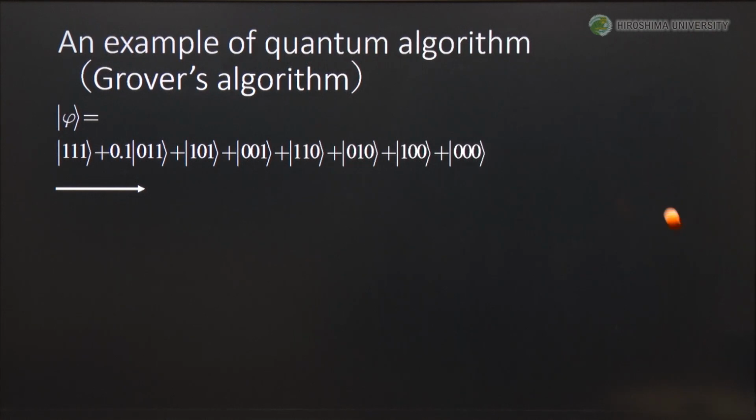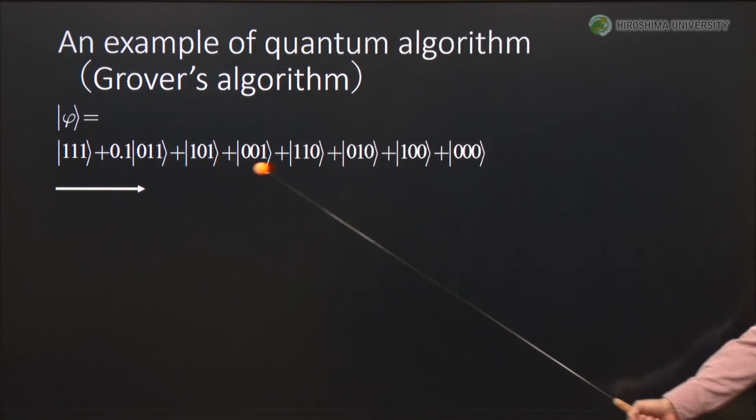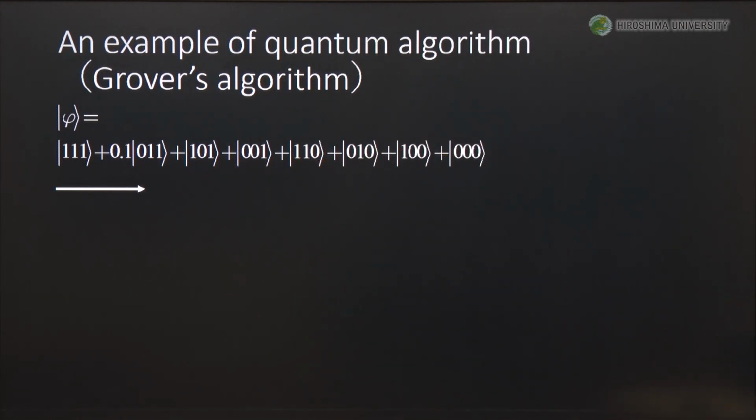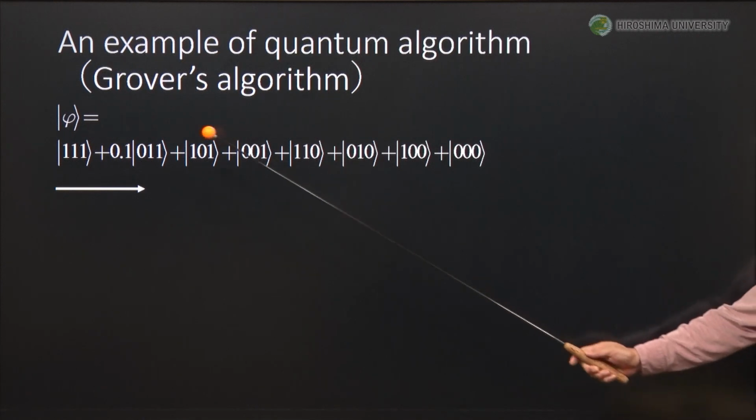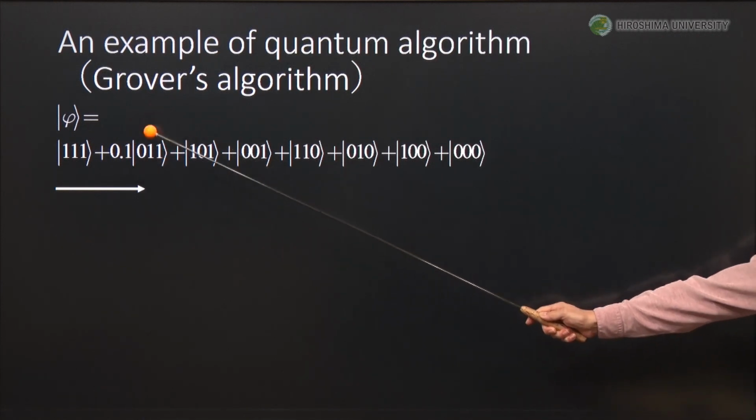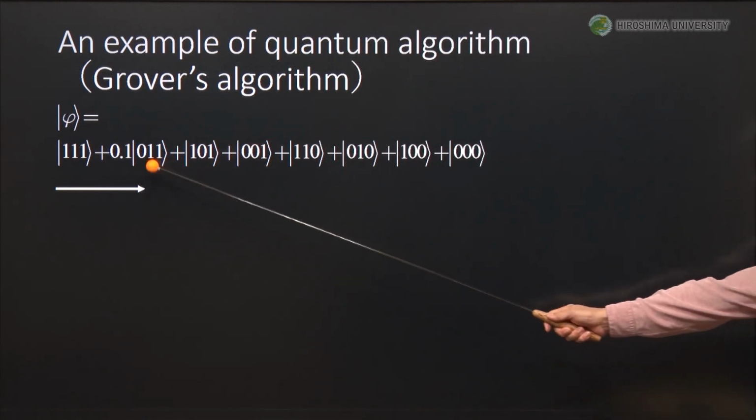This is another example of a quantum algorithm called Grover's algorithm. That is a kind of database search. Let's suppose that we prepare this superposition of these bits. Then we want to try to find this 011 state somehow.